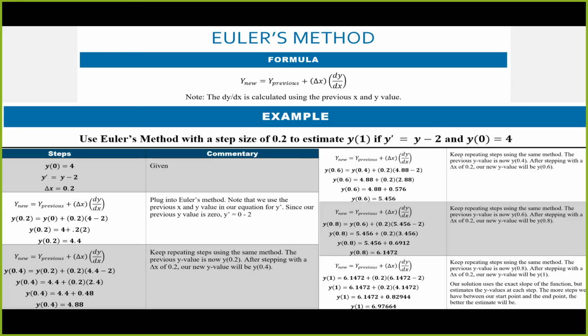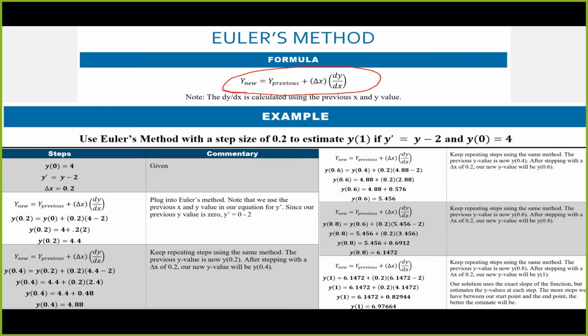Okay, so here's one example worked out. I'm just going to walk through this one and then we'll do another one from scratch. Our formula again is: any new y value should equal our previous y value plus our change in x times our derivative, so that's our exact slope at that point.